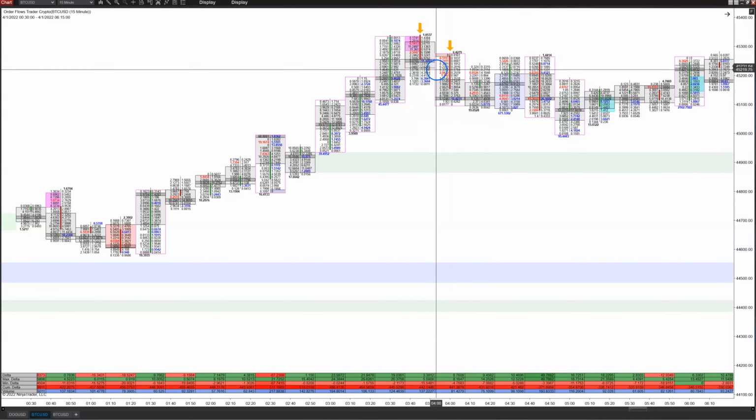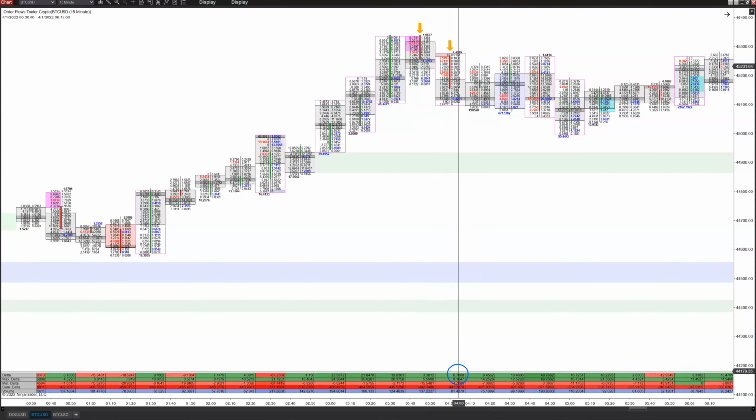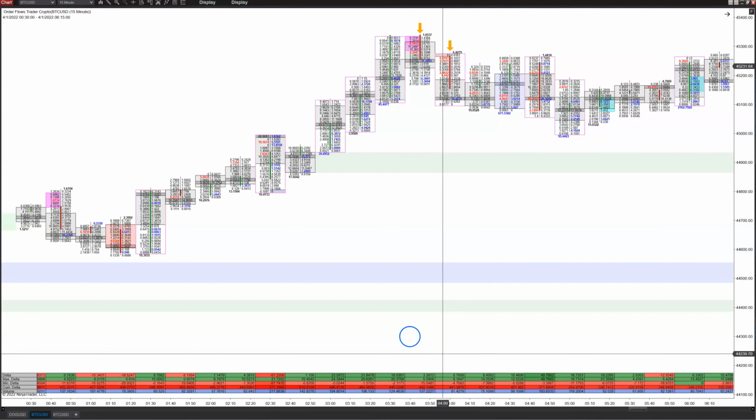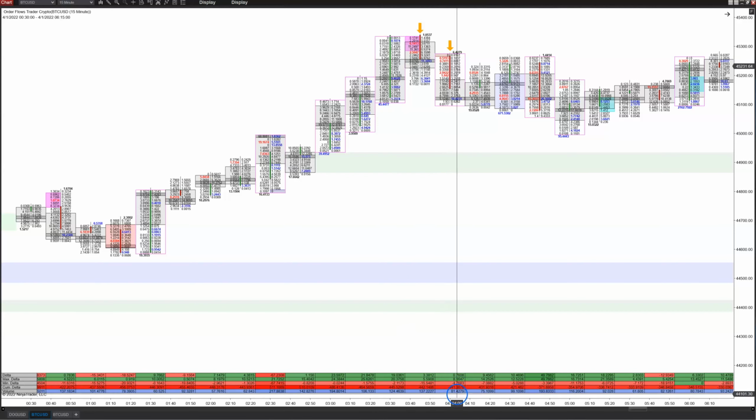And there's a couple meanings of what can happen next, or what you should expect to happen next. When you start seeing deltas getting small, it's telling you that the aggressive buyers and aggressive sellers are evenly matched. However, in this case, the volume here is kind of light. It's only 81 Bitcoin. The previous bar had 137.